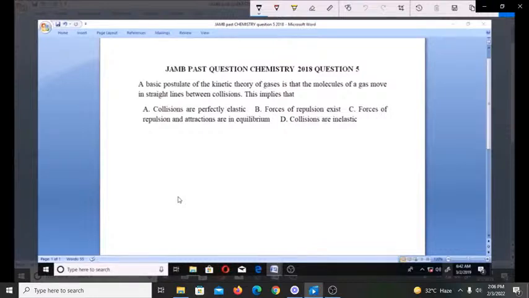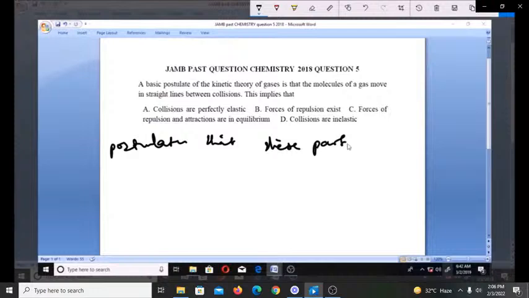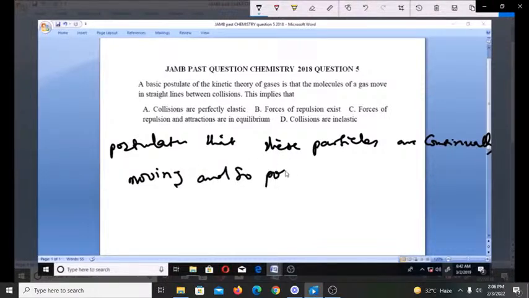The kinetic theory of matter or gases postulates that the particles of the gases are continually moving, and therefore they possess kinetic energy.